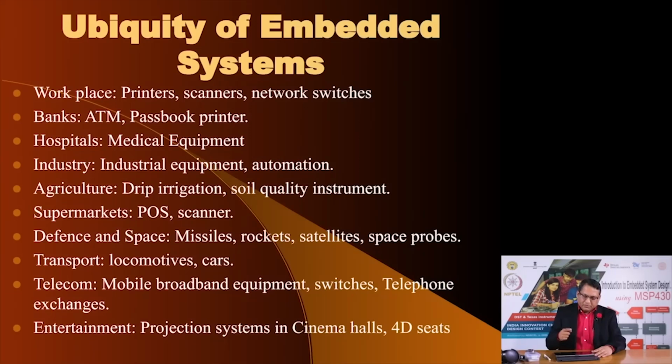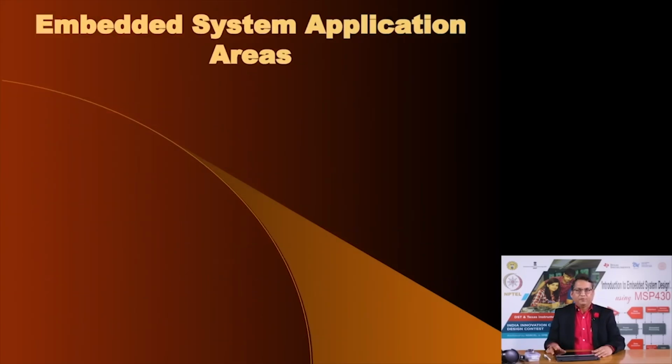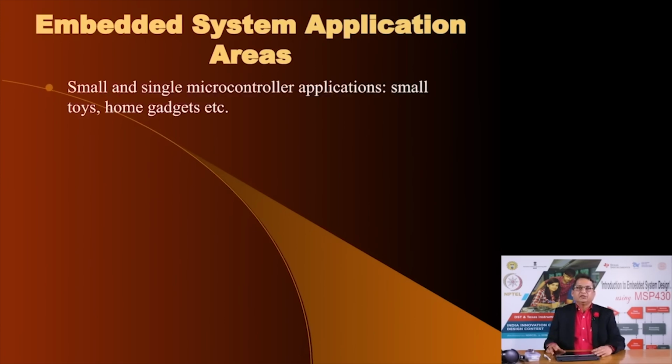From an application area point of view, I have created a certain list. These embedded system applications have several classifications, and one of them would be small and single microcontroller use, where in an application you use a simple small microcontroller. In fact, the microcontroller that we are going to illustrate in this course would qualify in that category, and with such a small microcontroller you can probably design small toys or gadgets at home.